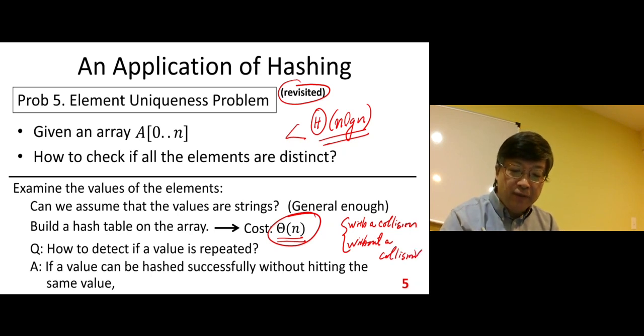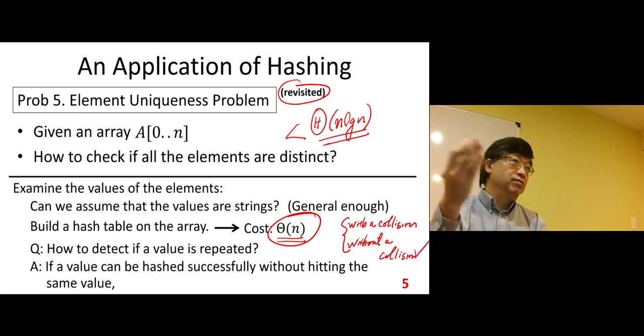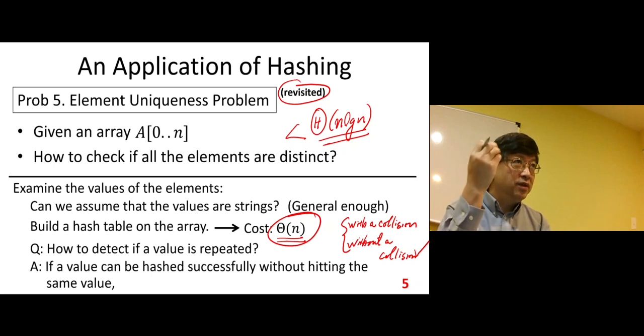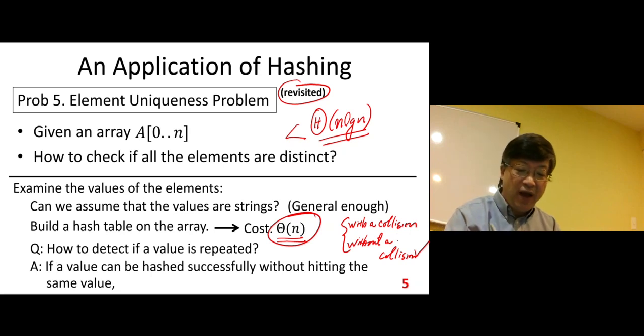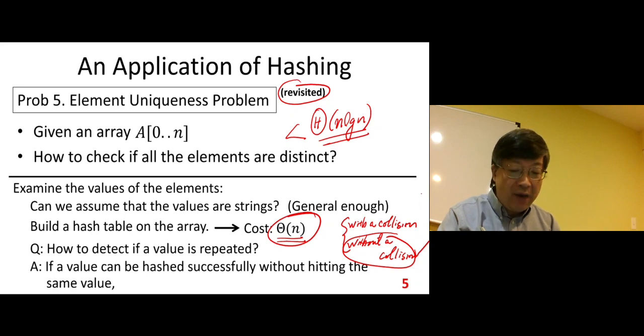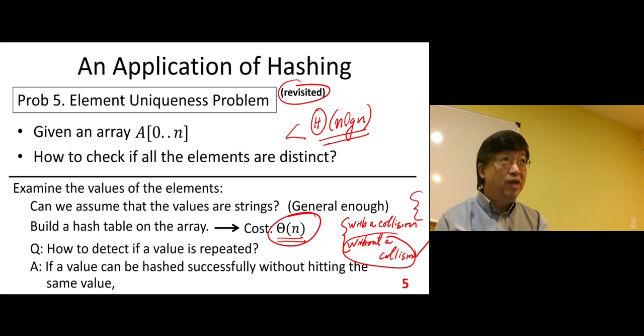Without collision, it must be a new value, because it takes a new slot. So the value must be unique. So without collision, we have no problem. But with collision, there are two cases, because two different values can be hashed to the same slot.